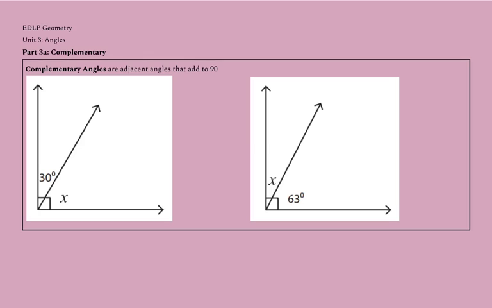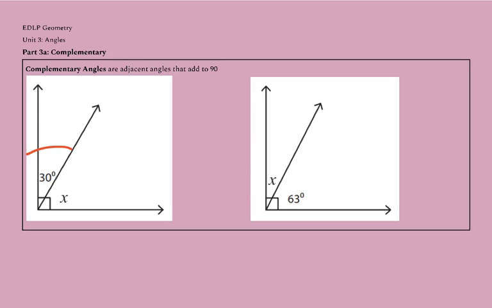Now there are two very special adjacent angle relationships, one of which is complementary angles. Complementary angles are angles that add to 90 degrees. I know that they form a right angle.